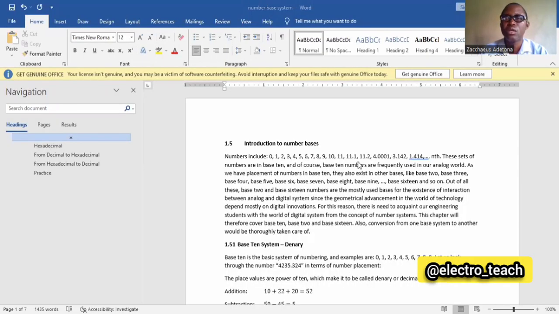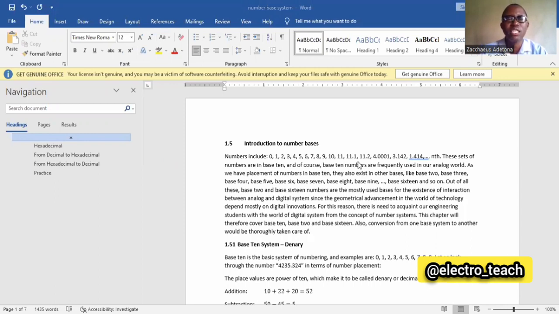So let's go now to look at the tutorial lecture for today, which is number-based systems. We all know numbers from 0, 1, 2, 3, 4, 5, and so on.